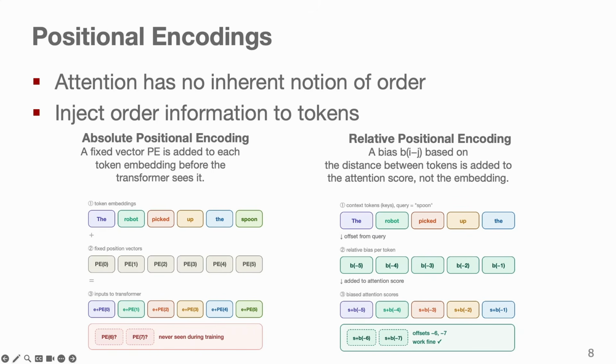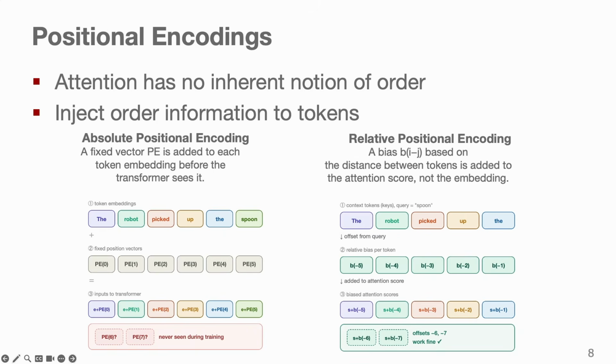The second one is relative positional encodings, which solve this issue a bit more elegantly. Instead of encoding the absolute position in the sequence, you encode the distance between the tokens. For example, it could be a bias that you add directly to the attention score.